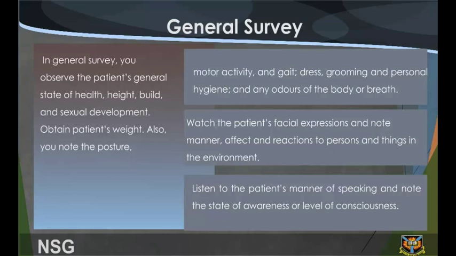Watch the patient's facial expressions and note manner, affect, and reactions to persons and things in the environment. Listen to the patient's manner of speaking and note the state of awareness or level of consciousness.